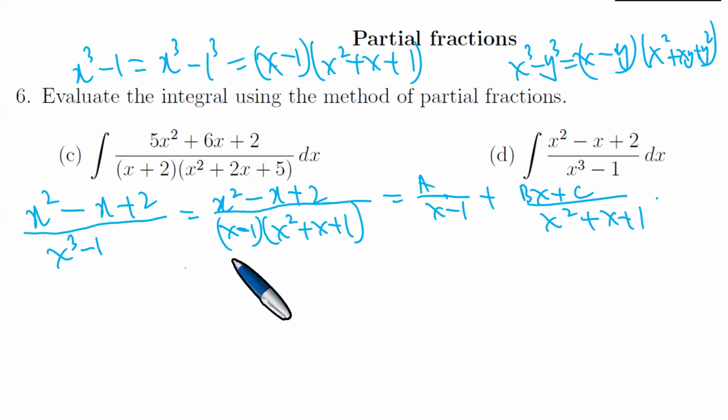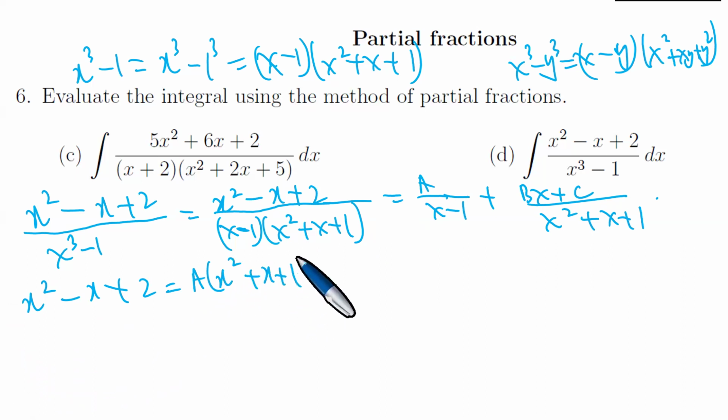Now when we're here, you multiply through by the LCD, getting exactly x squared minus x plus 2, which is a times x squared plus x plus 1, plus bx plus c times x minus 1.